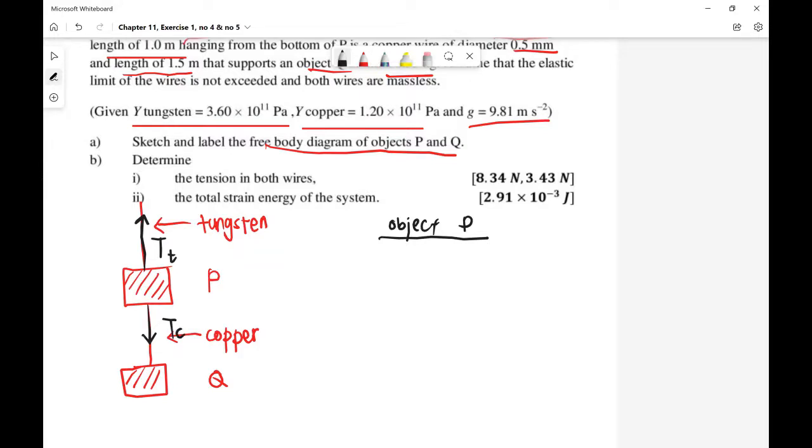And then objek P ni sendiri ada weight, vertically downward. So kita dah boleh lukis. Objek P kita gantikan dengan point. Ini adalah tension tungsten wire, and then kat bawah ni ada tension of copper wire, and then kat bawah ni juga ada weight.